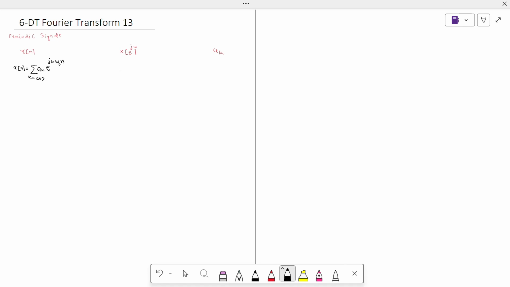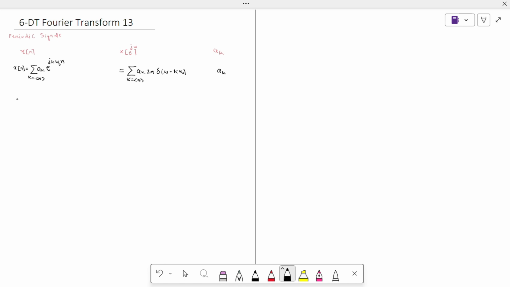Its Fourier transform, for a periodic signal we know, is 2 pi into ak into delta of omega minus k omega naught. Here ak is periodic, so this is enough, ak for all values, the same.